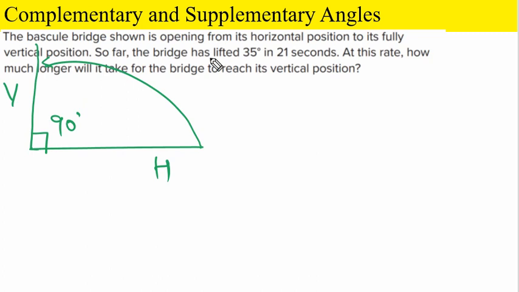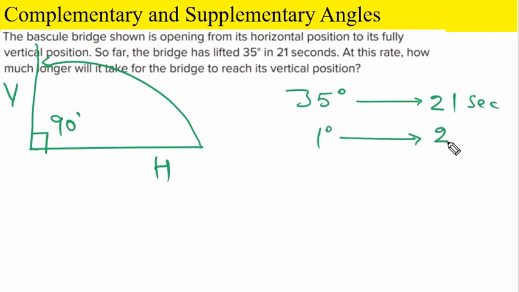Now what is given? 35 degrees in 21 seconds. So 1 degree in 21 over 35 seconds. At this rate, how much longer will it take for the bridge to reach its vertical position? So in how much time will it reach 90 degrees?